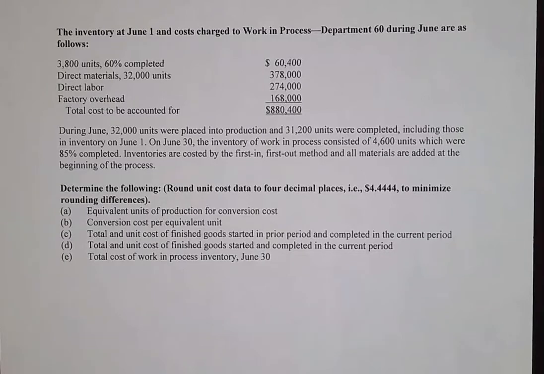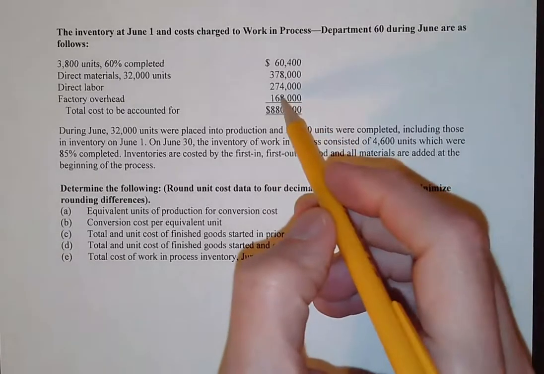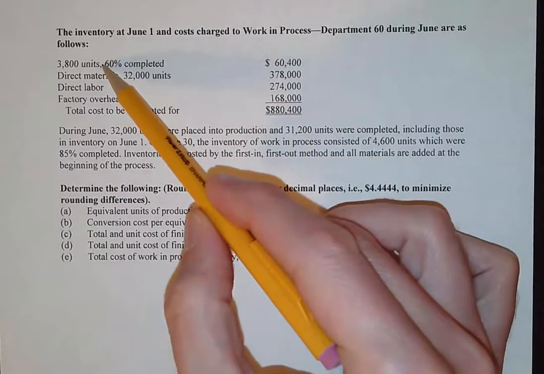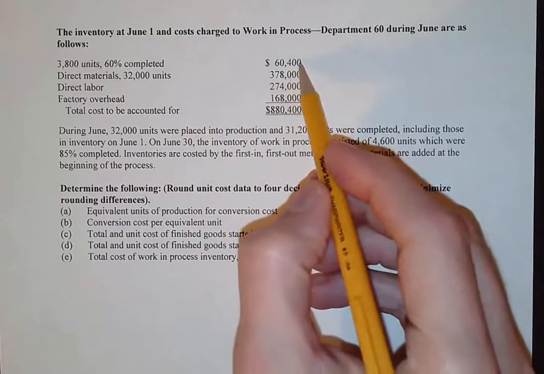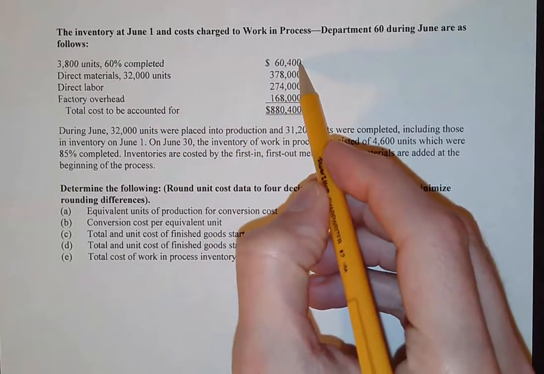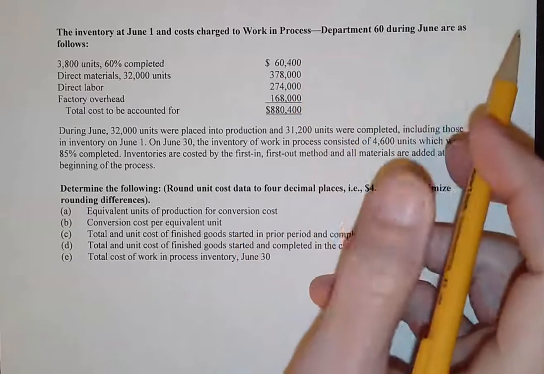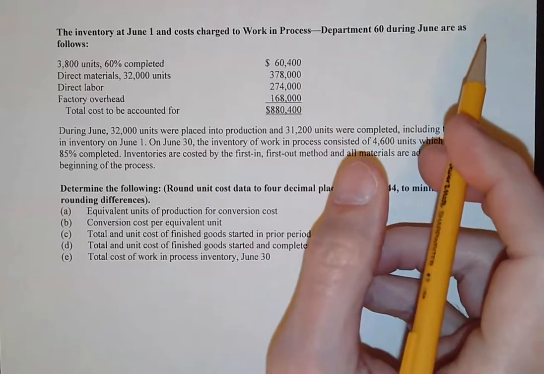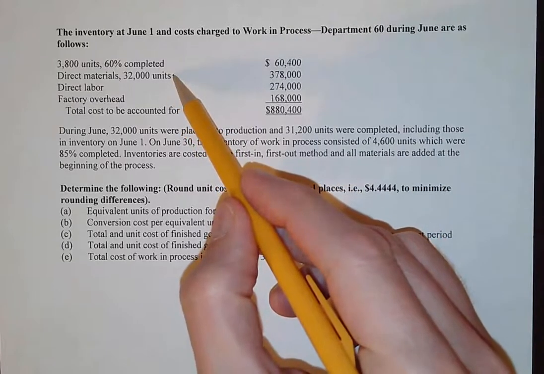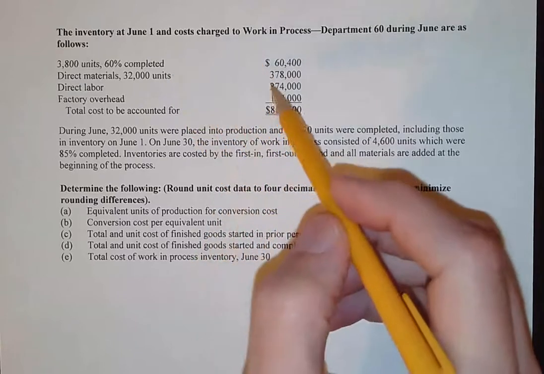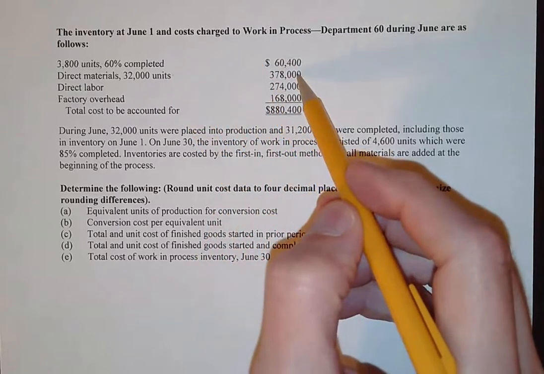Right up here we've got 3,800 units that are 60% completed. And we have a total cost in this beginning work in process inventory of $60,400. With direct materials added for the period for 32,000 units, totaling $378,000.